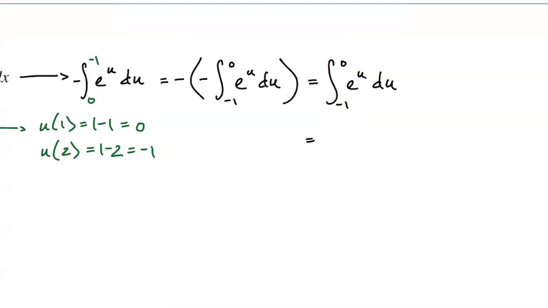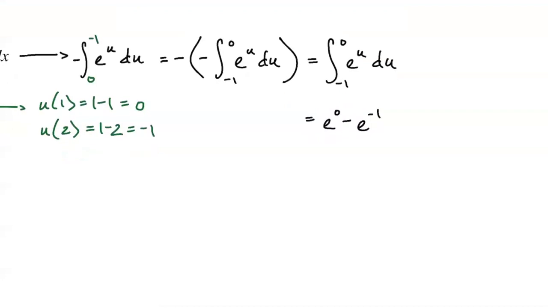Once we do that, we can go ahead and plug in our bounds, e to the 0 minus e to the negative 1. This is a special number here. What is e to the 0? Good, so this whole thing I can replace with 1.